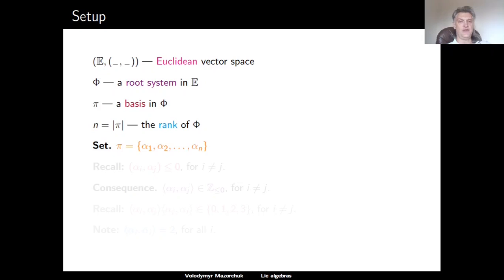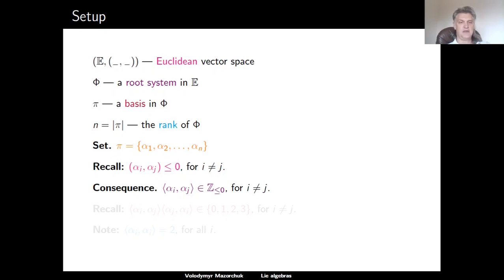It will be convenient for us to fix some notation for the elements in the basis Π, so we denote them by α1, α2, and so on, αn. So here n is the rank of Φ. Recall that we know from the previous lecture that the scalar product between two different elements in the basis is always non-positive.